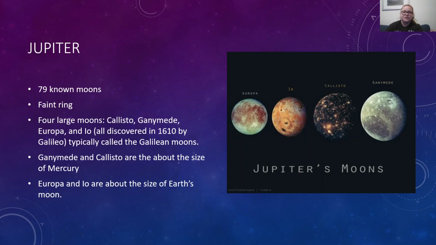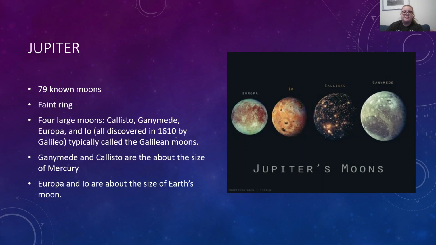So let's first look at Jupiter. Jupiter has 4 large moons that we'll be talking about, and that is 4 of 79 that are known to us. Okay, 79 known moons. Remember that Jupiter has a faint ring, just to point that out again. These 4 moons are Callisto, Ganymede, Europa, and Io, like we see in this image here.